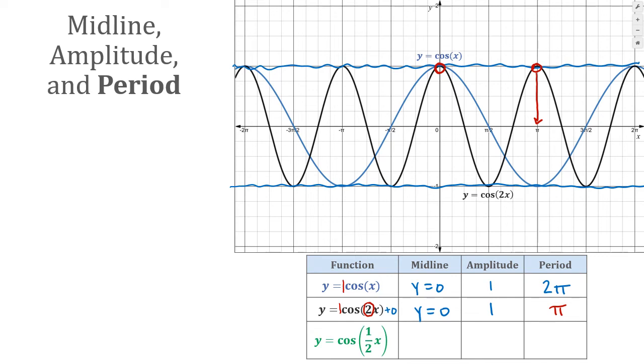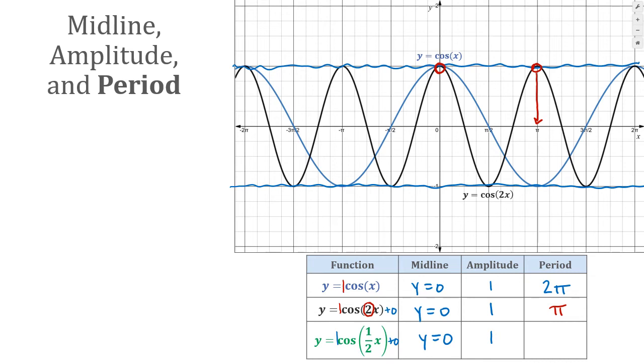y equals the cosine of the quantity 1/2 x. Well, again, there's a plus 0 on the end, so I know the midline is going to be y equals 0. There's no number other than 1 in front of that cosine, so the amplitude should be 1. Now maybe make a guess as to what you think the period is based on what the period was for the cosine of 2x.